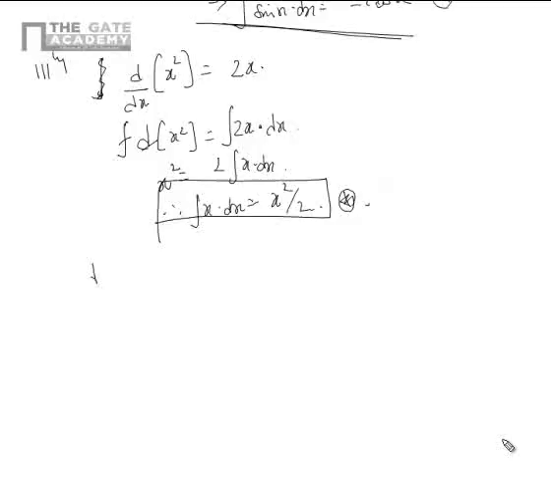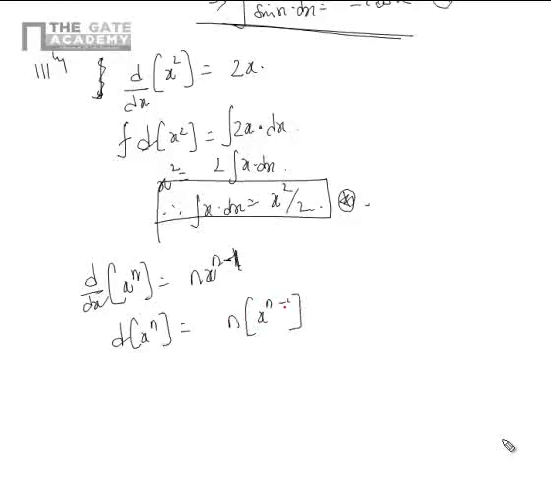Okay, let me extend this. Differentiation of x power n is equal to n x power n minus 1. That means the differential of x power n is equal to n x power n minus 1 dx.